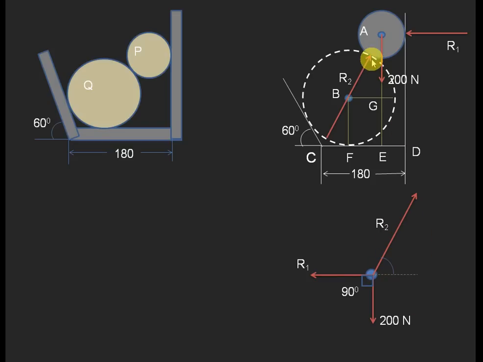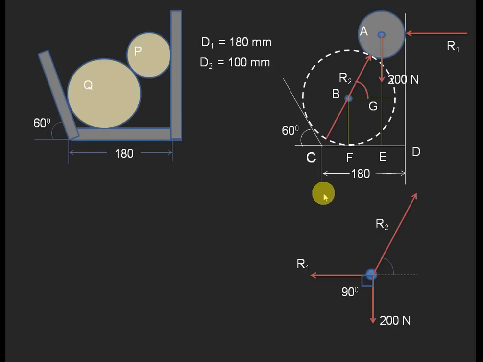If you find the angle ABG, that angle ABG is equal to the angle of inclination of R2 with respect to the horizontal line. For that we need to consider the right angle triangle ABG.